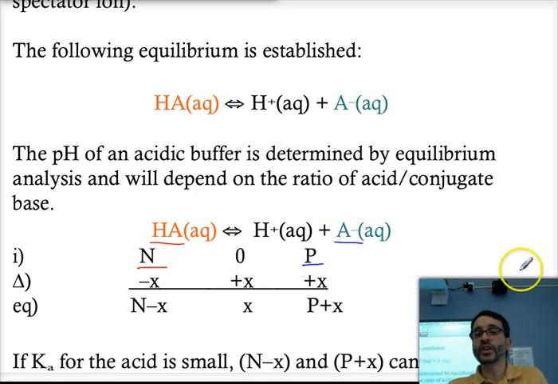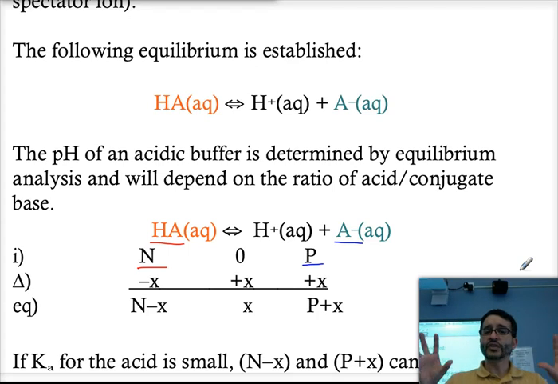Now the counter ion for the salt is never going to be included. Normally it's going to be sodium or potassium. It's going to be a spectator ion, and we are not going to include it in there. So I just used letters in this case to give you a more general example. I will give you an actual example with numbers in just a moment.